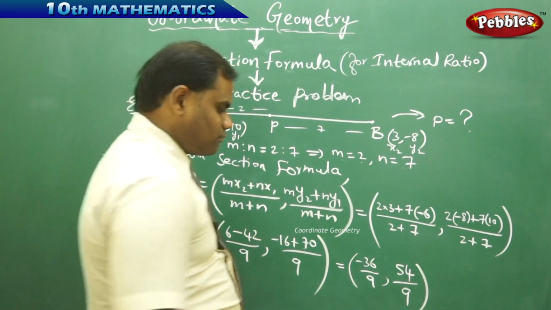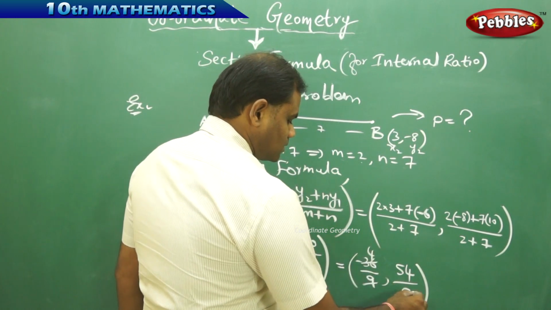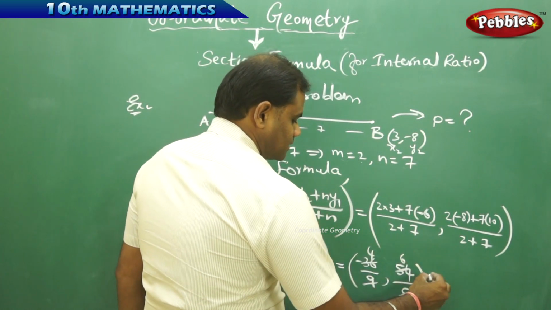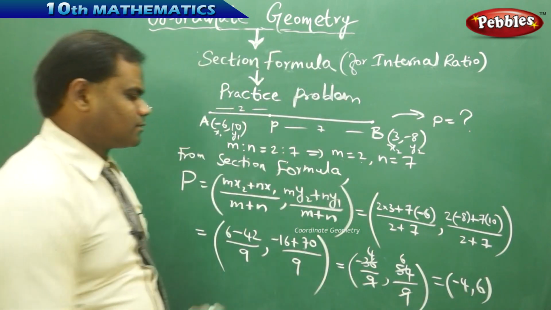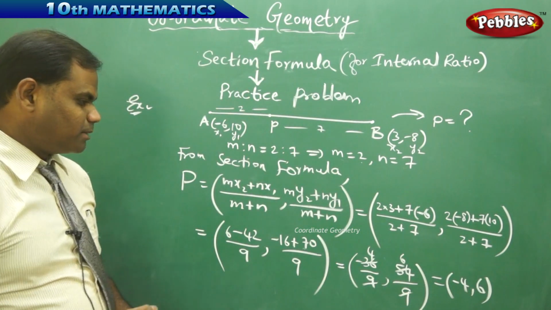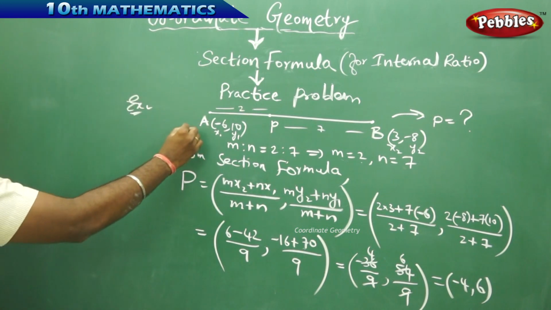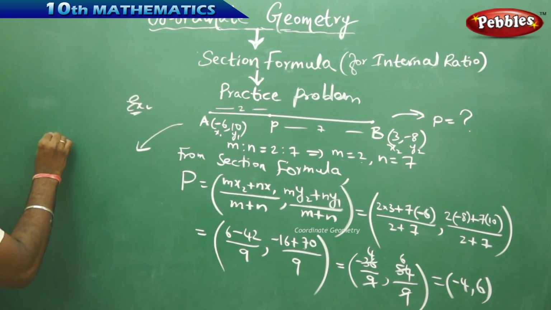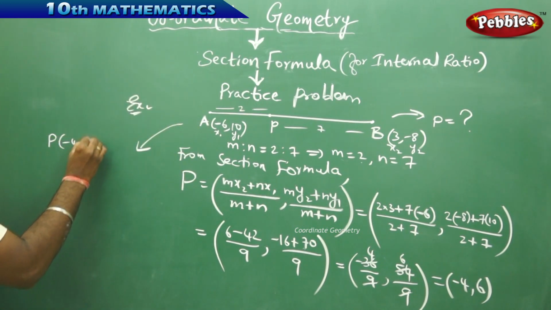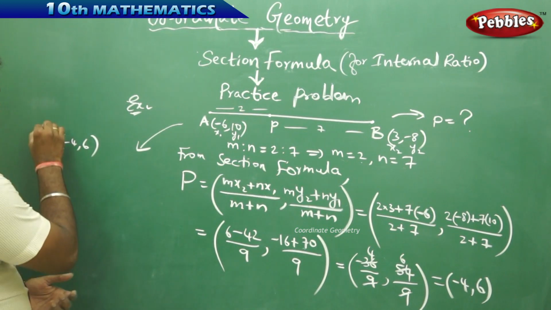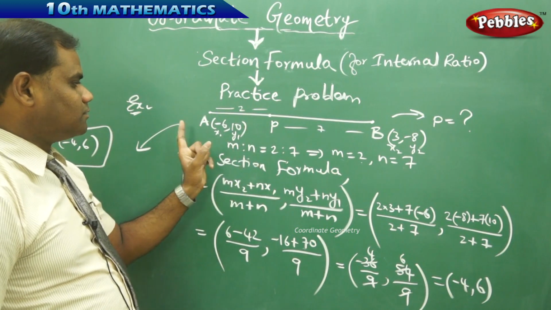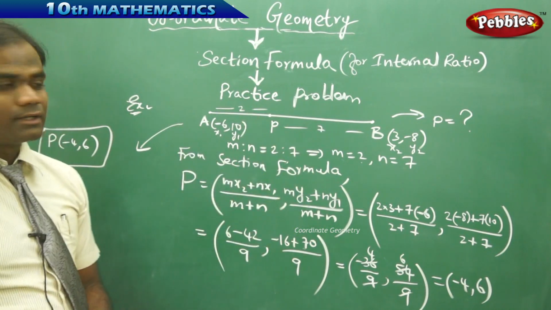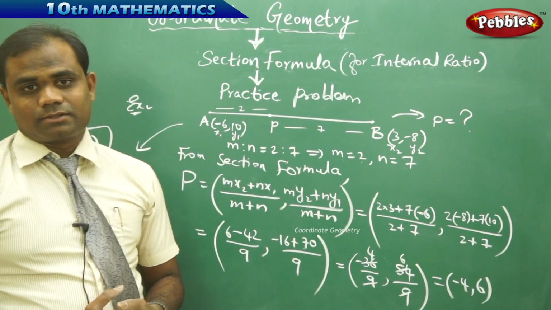This can be further simplified: 9 ones are 9, 9 fours are 36, and 9 sixes are 54, so that this is -4 comma 6. Therefore, the coordinates of P are identified to be (-4, 6). So we understand that the point which divides AB in the ratio 2 is to 7 is (-4, 6).